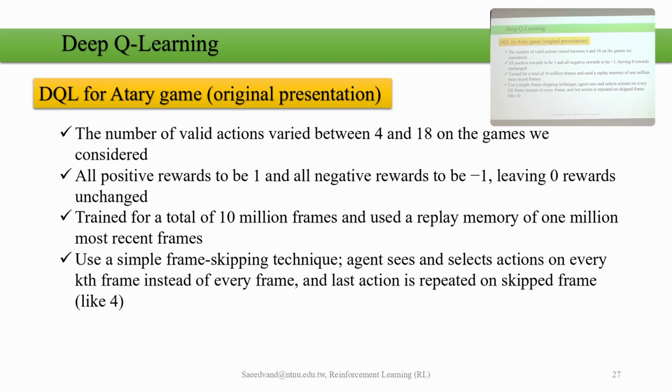Like in maybe 5 frames, the agent couldn't even have time to move to the left or right. So they drop those. They only keep the changes and use the frame skipping technique. The agent sees and selects actions every k-th frame instead of every frame, and the last action is repeated on skipped frames, like 4.